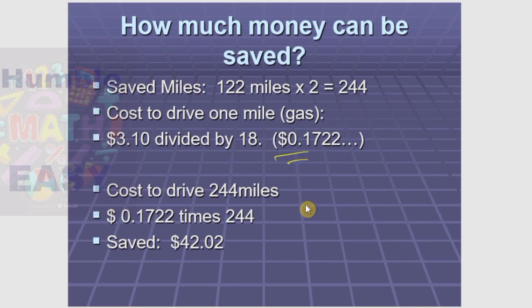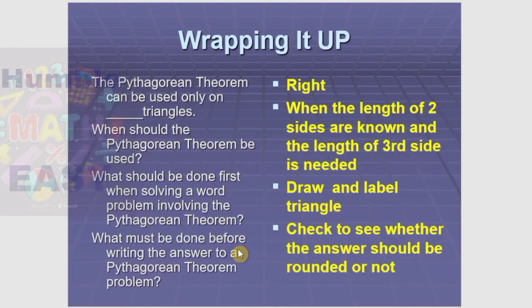Then the cost to drive 244 miles, which is the distance here, is what he saved: $42.02, because the saved miles are times 2 from the origin, from where he started. So what he saved now is $42.02.